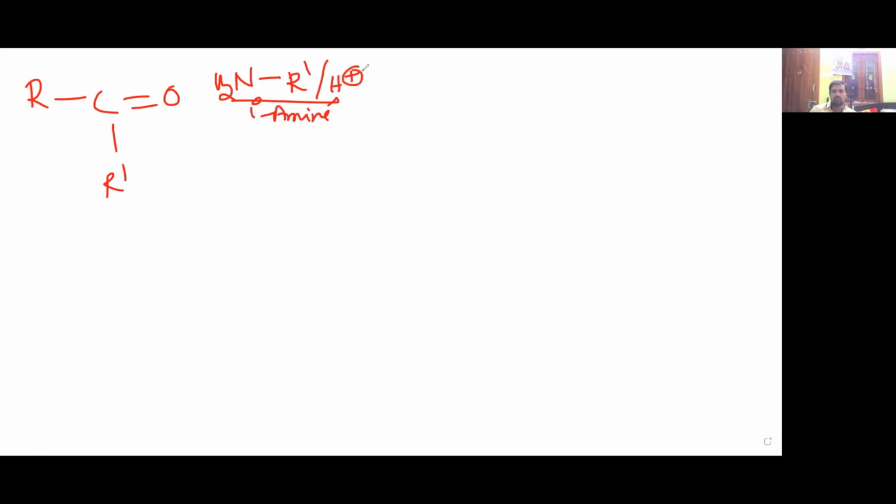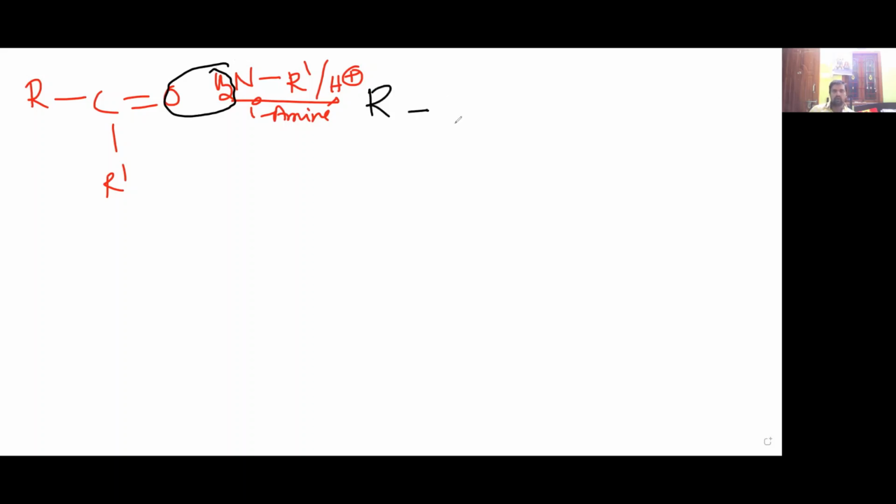Suppose I take the same ketone, R, C double bond R dash, with two different alkyl groups. Now I am taking a primary amine along with H plus. What happened in this? Again addition followed by elimination. Water is eliminated.